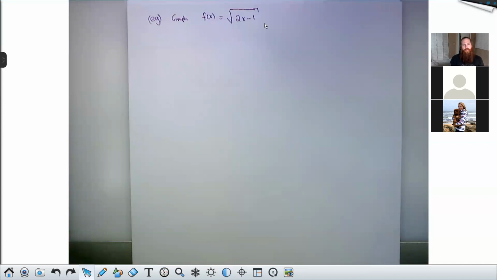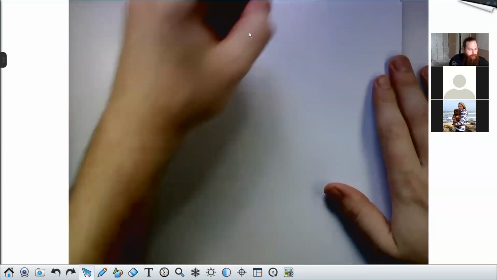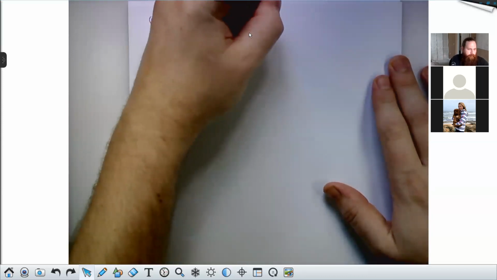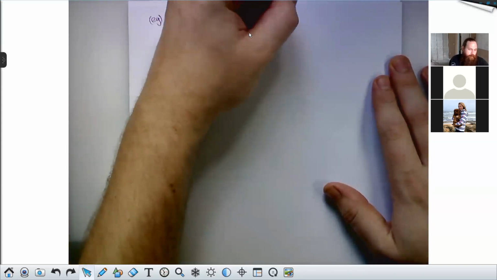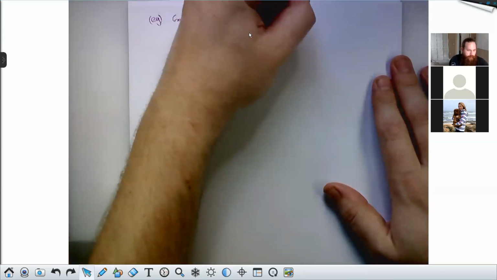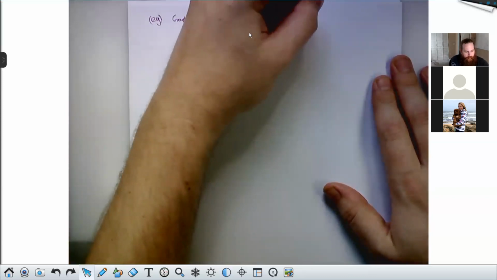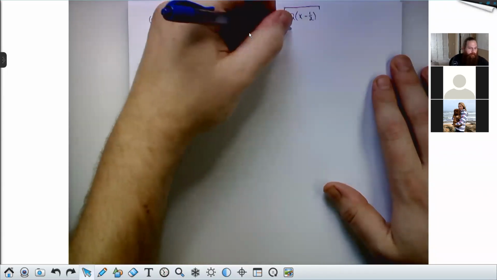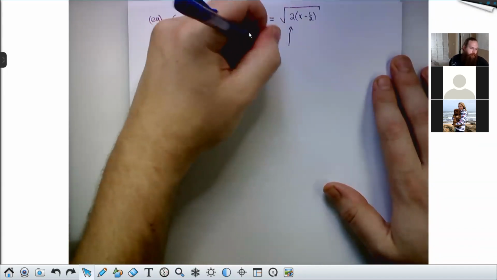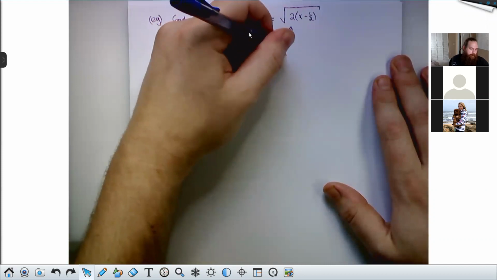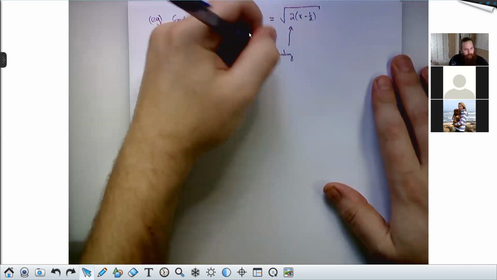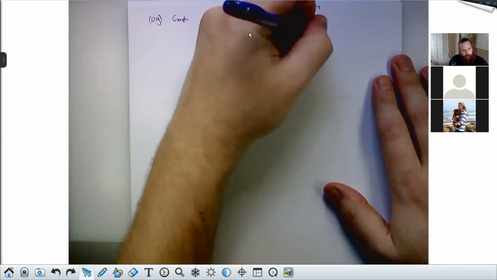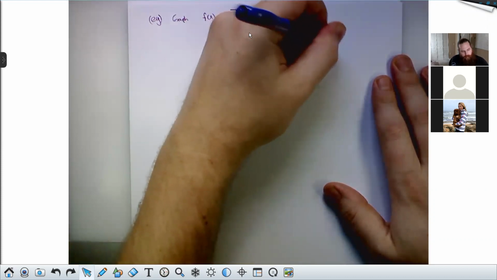As it's written, I can't quite see this as a transformation. But if I factor a 2 inside the square root to write that as 2 times x minus 1/2 in parentheses, then I can see this as a horizontal scaling, and I can see this as a horizontal shift.